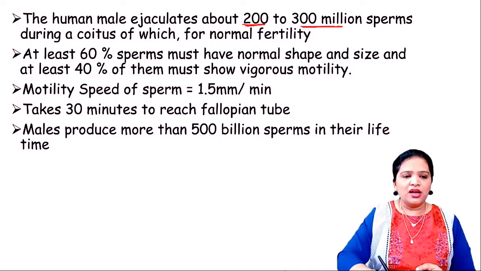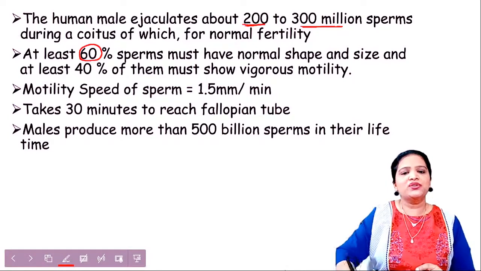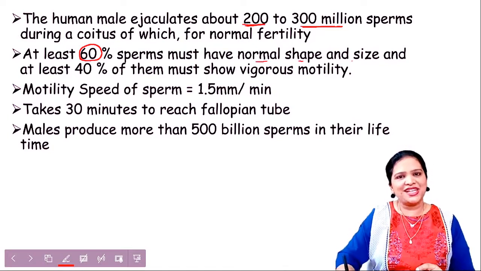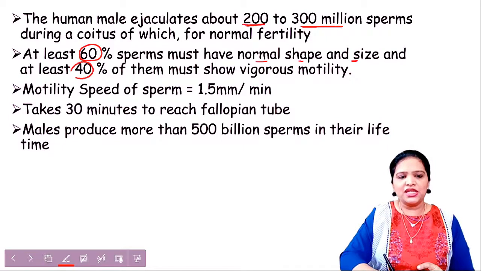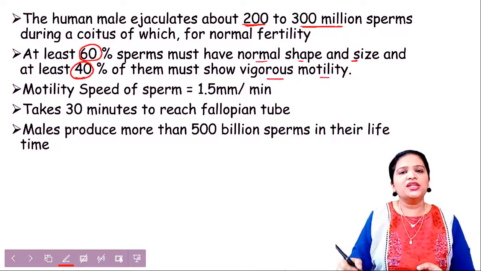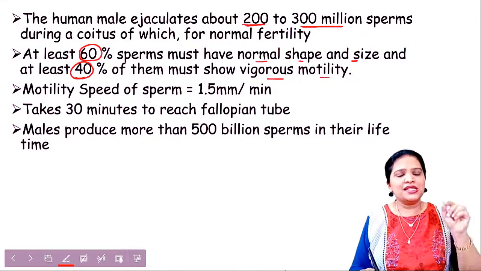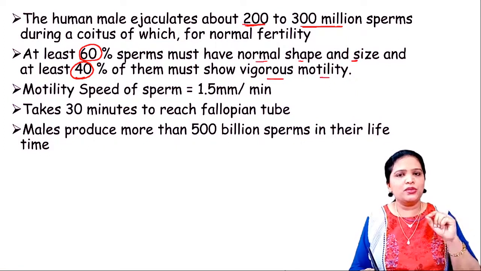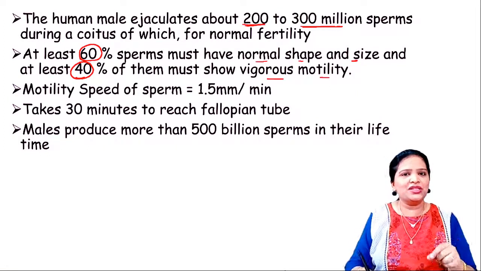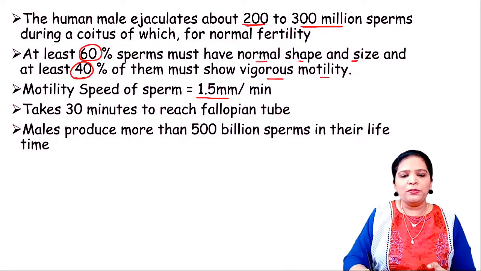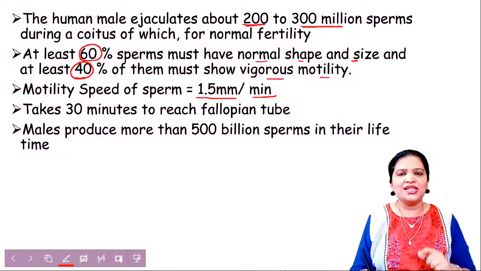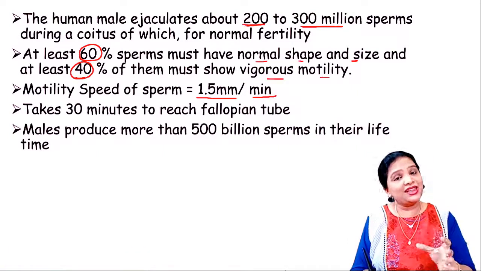And out of this, 60% of the sperm have normal shape and size, and 40% of the sperms show vigorous motility. That means 60% of the sperm moves normally. So what is the normal speed of the sperm? 1.5 millimeter per minute is the normal speed of a healthy sperm.